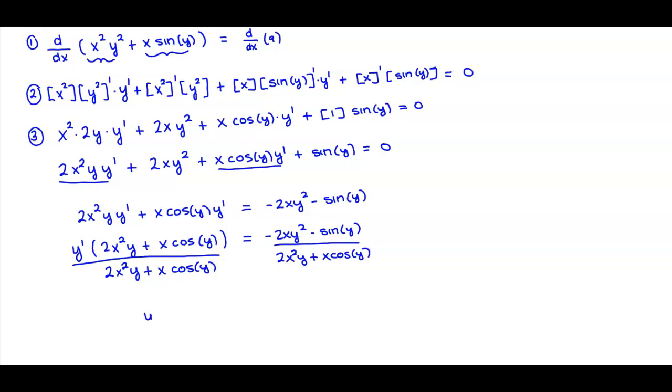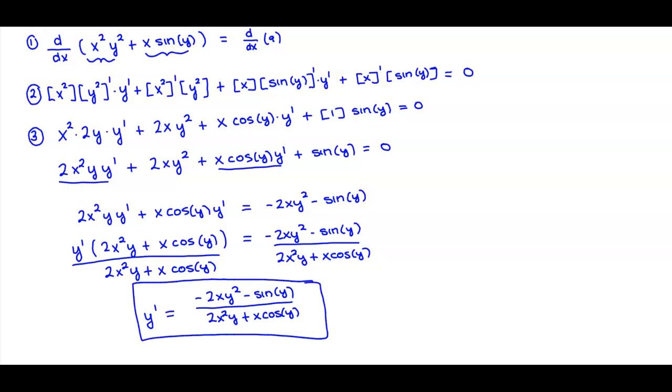So therefore, y prime is going to equal negative 2xy squared minus the sine of y divided by 2x squared y plus x times the cosine of y. And therefore there is our derivative using implicit differentiation.